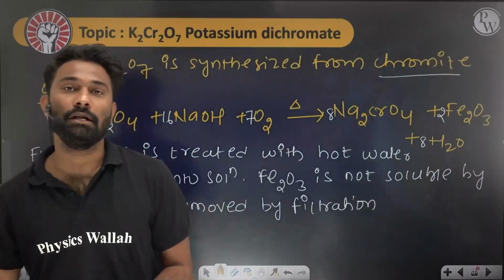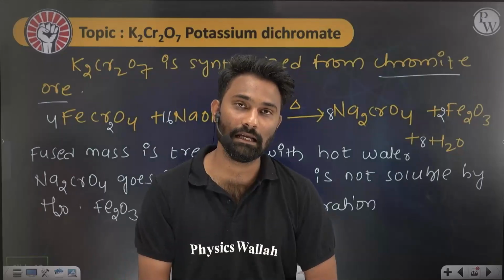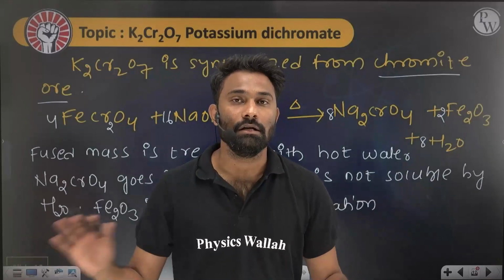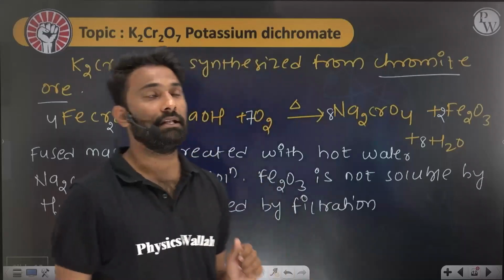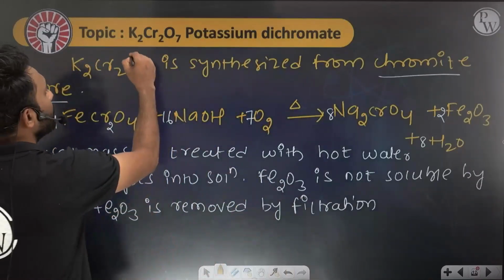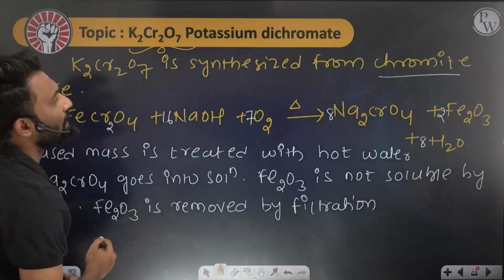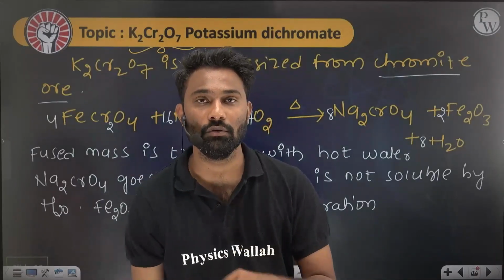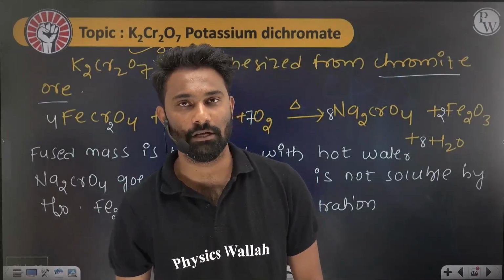Some properties. Now here in d block elements, transition elements, some elements show some properties. Here the first one is potassium dichromate. How can we synthesize potassium dichromate?